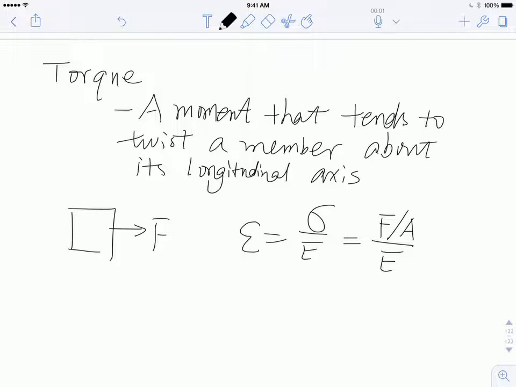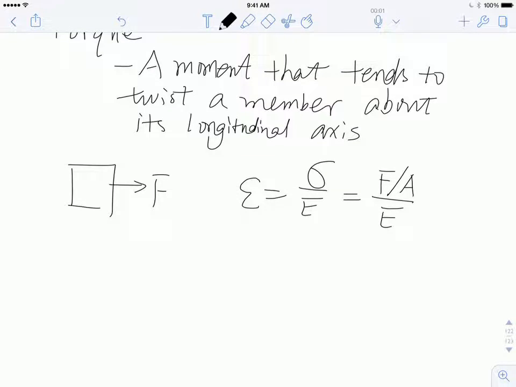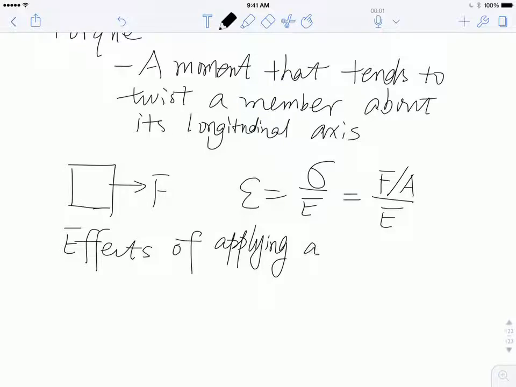Same thing there. Also, when you apply torque, you also cause some movement. But what kind of deformation or movement does it cause? Let's summarize the effects of applying a torque.